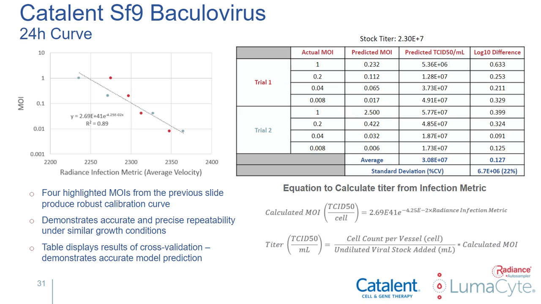And as you can see, the percent CV in this case compared to the stock titer of 2.03 E7 was 22%, but the average measured value was 3.08 E7, and the log difference was 0.127, showing the accurate and precise repeatability of this measurement.